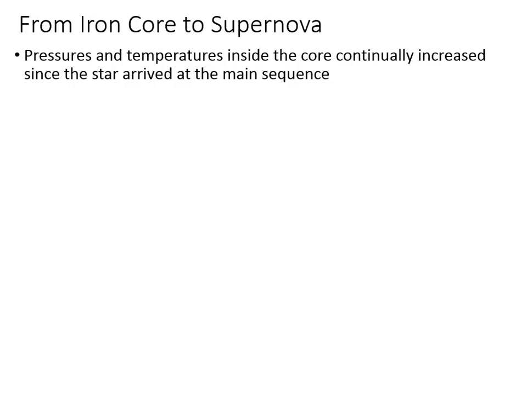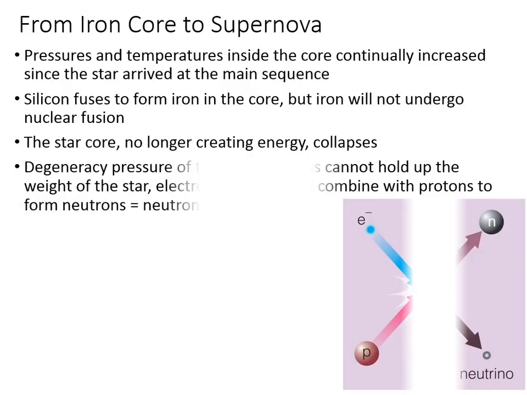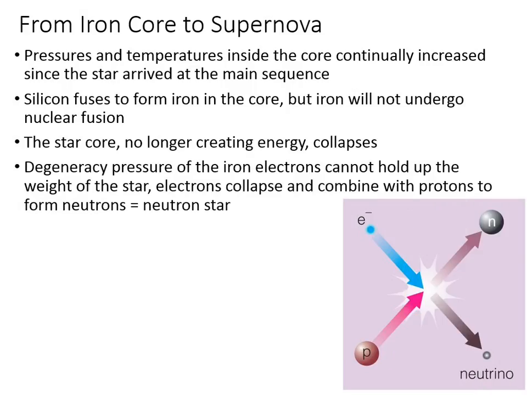We said that our star is at hydrostatic equilibrium, so basically that's a wash. Gravity doesn't win out and the star's not expanding either. But gravity catches up with it. It cannot create any more energy from fusing iron. So what happens in the iron core is something like this.